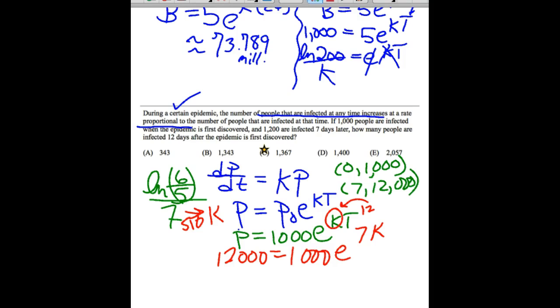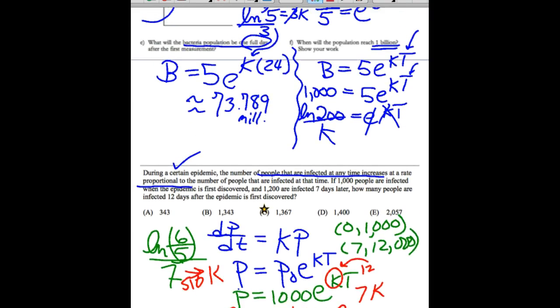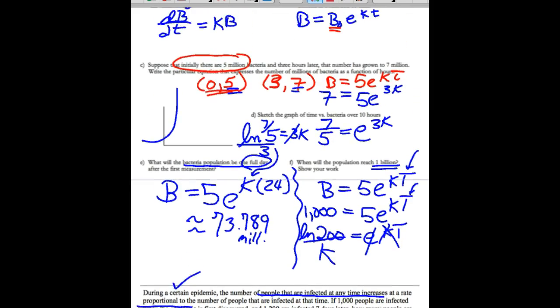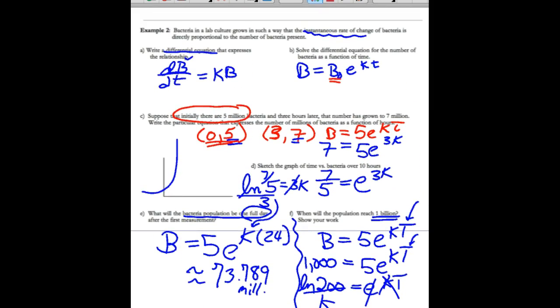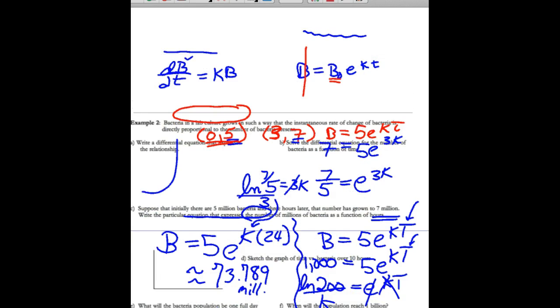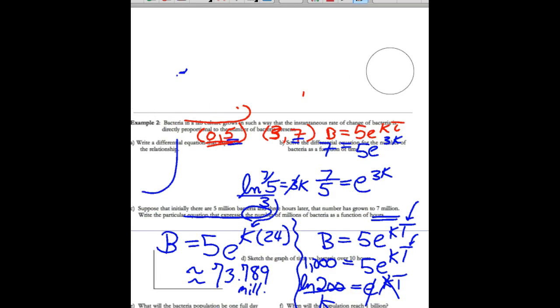Did anyone run it through their calculator yet? I'm just making sure I starred the correct one because sometimes I don't. All right, so we're good to go. On the top of this sheet, what I want you to write, do you have some room up on the top? Okay, write this. Let me move my page down a little bit. On the top of the screen, a couple things.